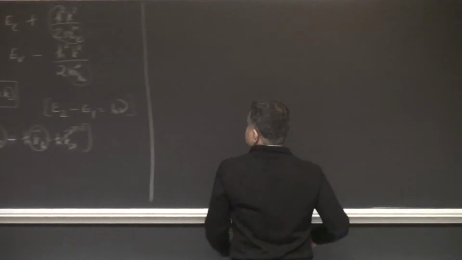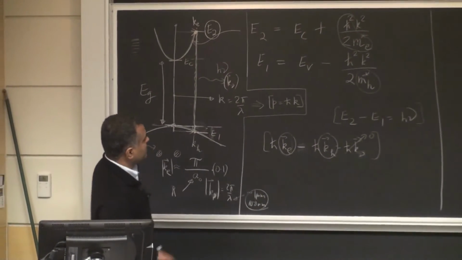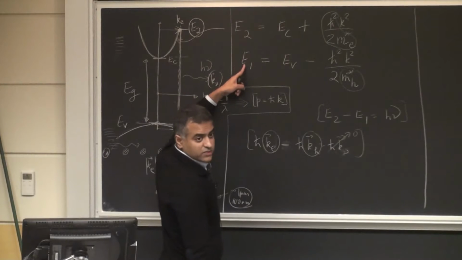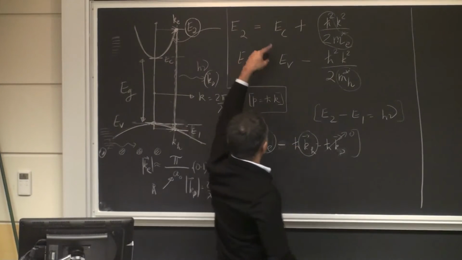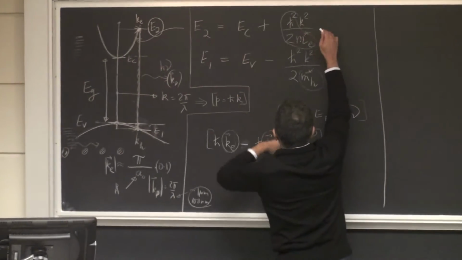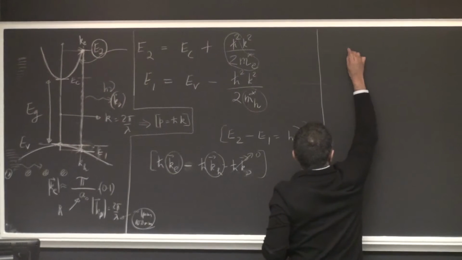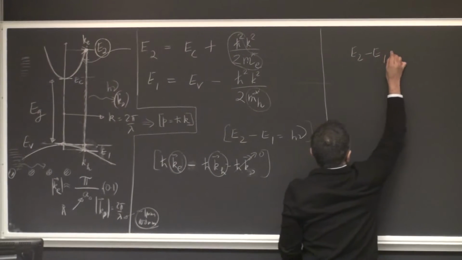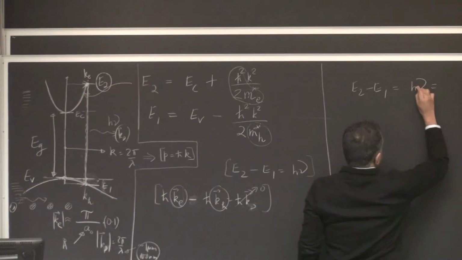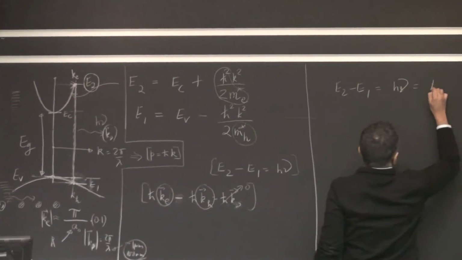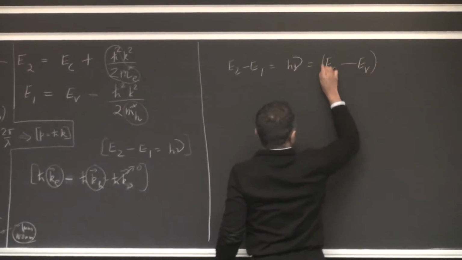Well, okay, if not, let's look at how the photon energy is related to the band gap and other things. So we can just take E2 minus E1 here. That's the photon energy. If I subtract the bottom line from the top line, I get that E2 minus E1, the photon energy h nu, is equal to the conduction band minimum minus the valence band maximum, EC minus EV.